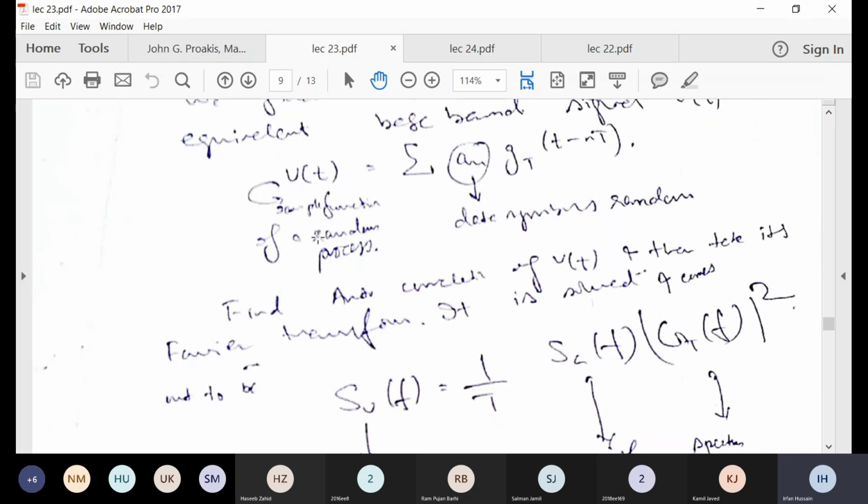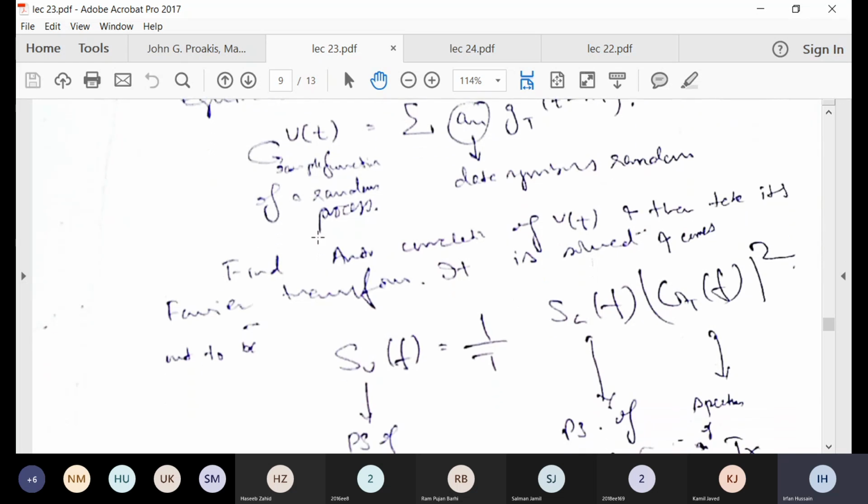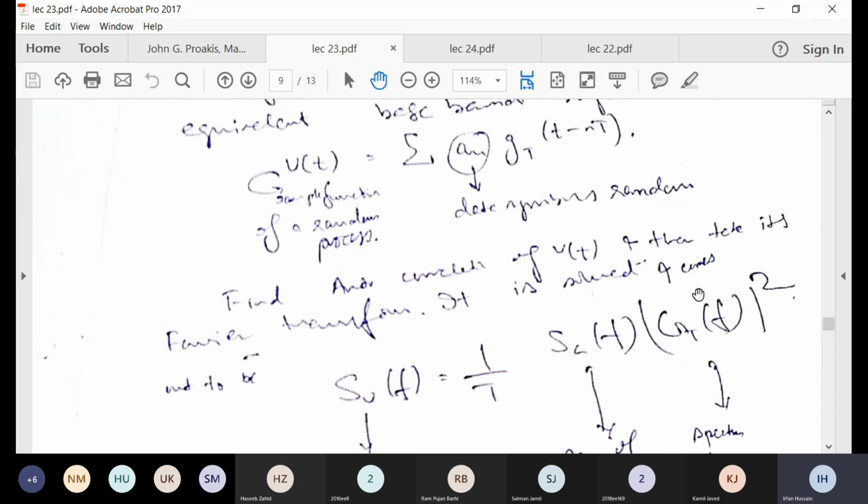We have learned in our chapter 5 that if you want to find the power spectral density, the main thing is to find the autocorrelation of the process, and if you take the Fourier transform of the autocorrelation, you will get the power spectral density. As can be shown here, the power spectral density of this comes out to be 1 over T times the power spectral density of the sequence times the power spectral density of the pulse.